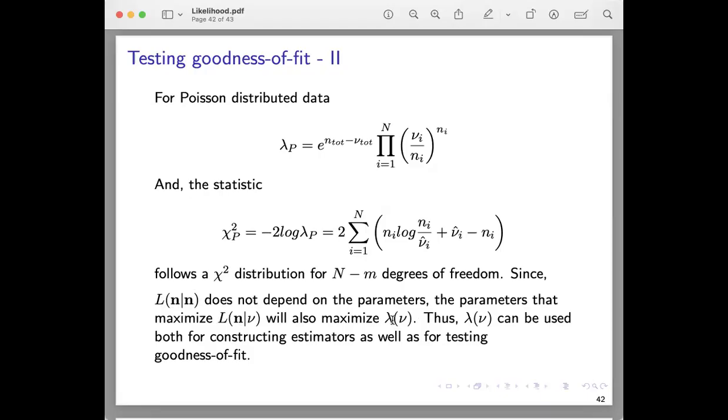Therefore, instead of the likelihood, you can use this ratio of the likelihoods for constructing both the ML estimator as well as the goodness of fit statistic. So you can do both with the likelihood ratio instead of simply the likelihood. That's also one advantage of using this likelihood ratio.